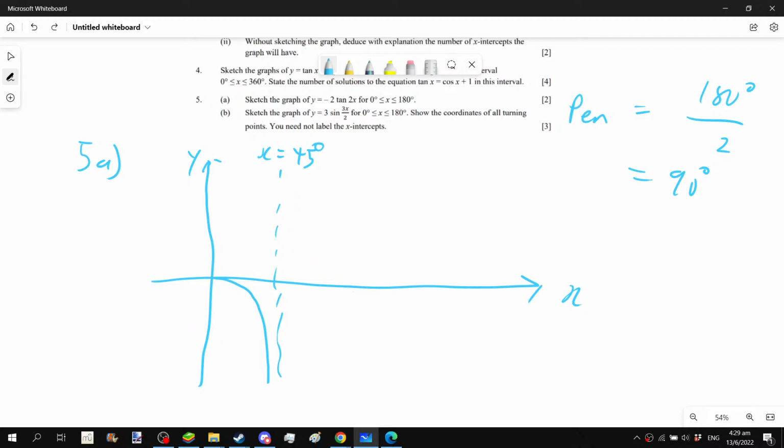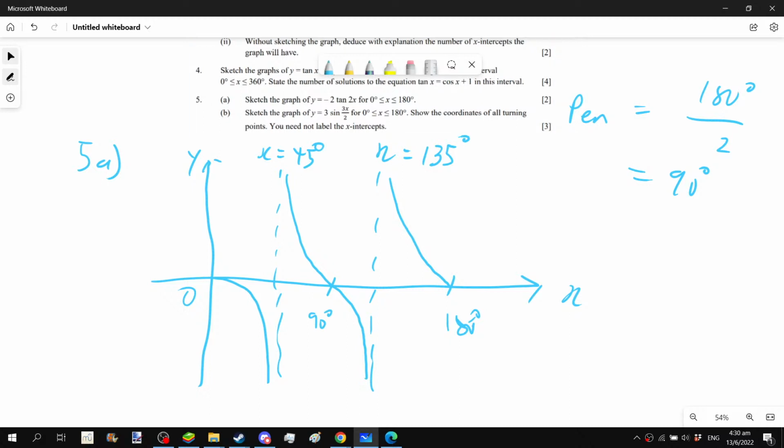Obviously not drawn to scale. Right, so the other one will be 135 degrees. You'll cut at 90 degrees. And then we'll end off here at 180 degrees. Right? So this will be your 5A, nothing special.